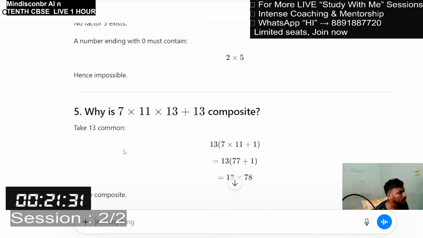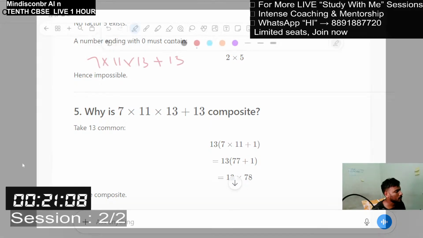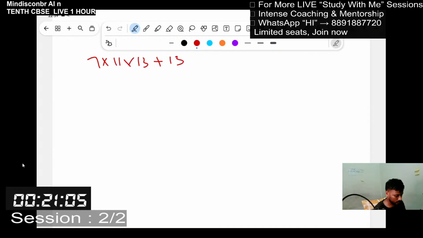Why is 7 into 11 into 13 plus 13 composite? Taking 13 as common, it is 13 into (7 into 11 plus 1).